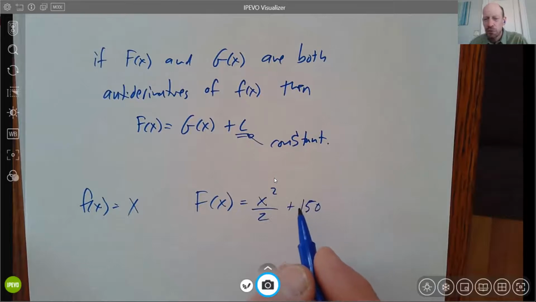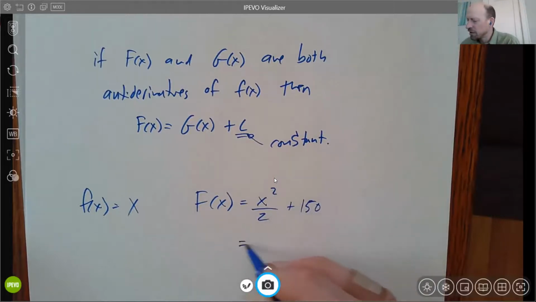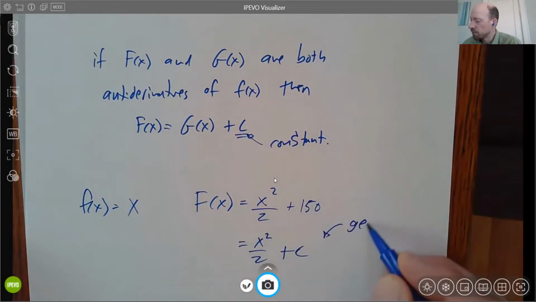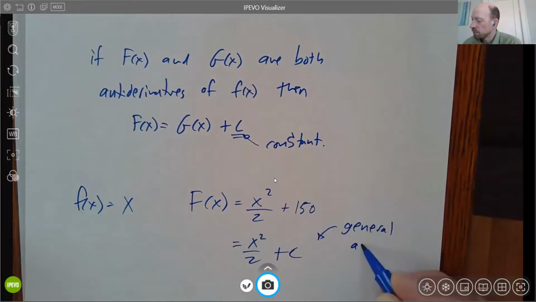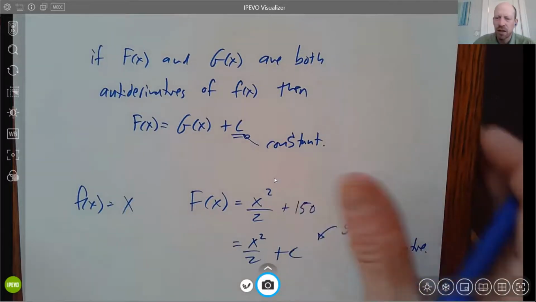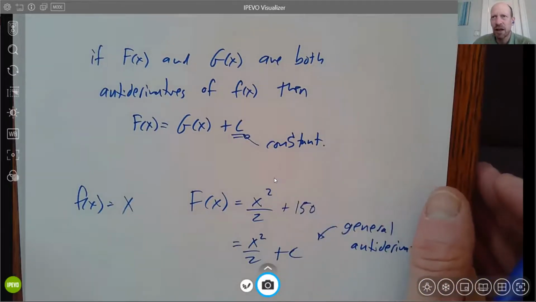So all of these different versions of this function all look the same after I take the derivative. So what we often do in these cases is we write this as just x squared over 2 plus c. And this is called the general antiderivative. Right? If I don't write the c there, then I'm restricting what's going on.